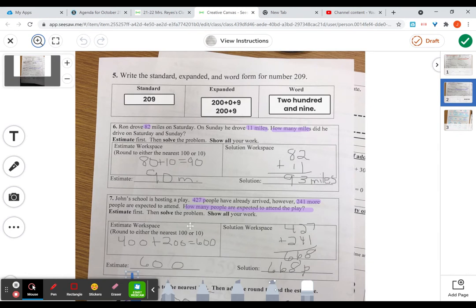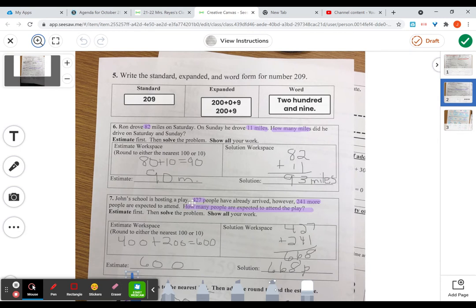For number 7, John's school play. John's school is hosting a school play. 427 people have already arrived. However, 241 more people are expected to attend. How many people are expected to attend the play? So we're going to estimate first. Since 427 and 241 are both in the hundreds, I'm going to round by 100.